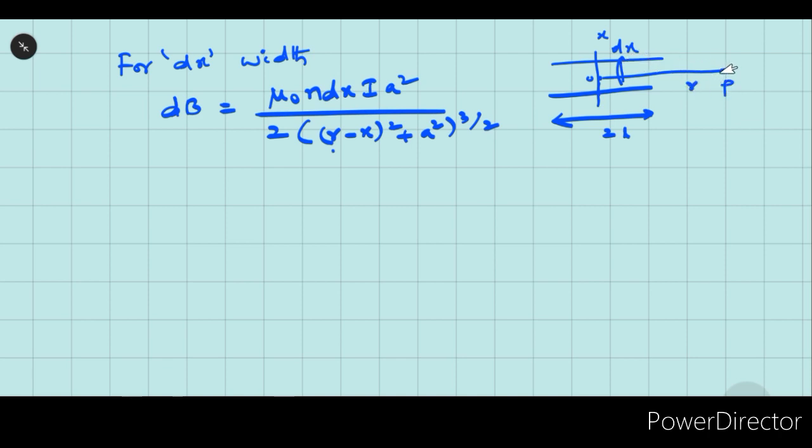So from dx the point P is at a distance of r minus x. So we have replaced here r minus x, and a is the radius of the solenoid coil.